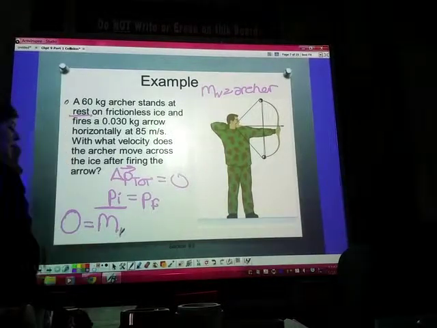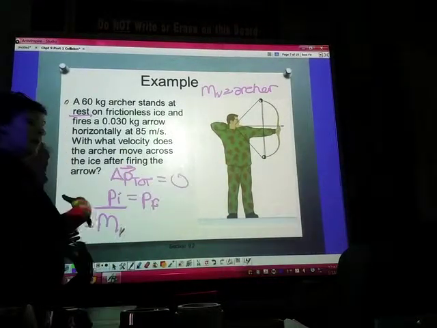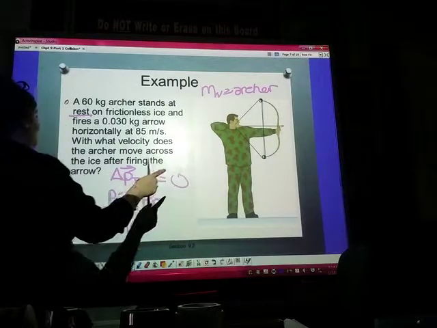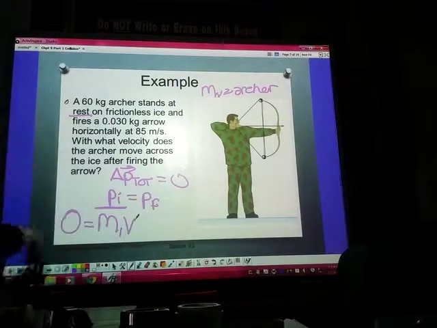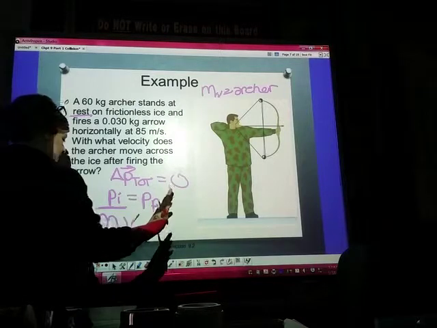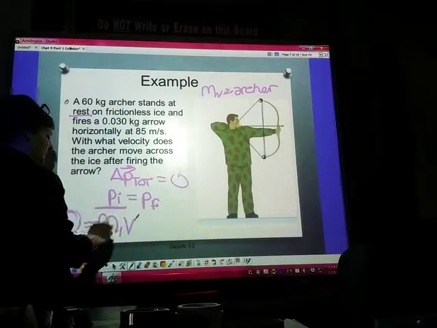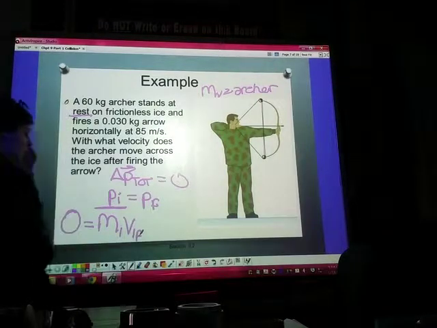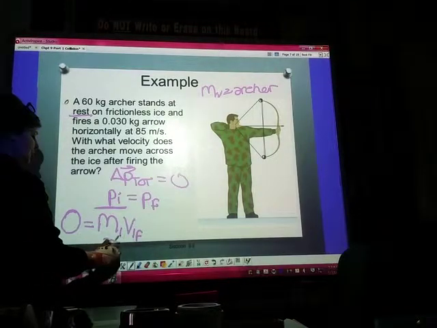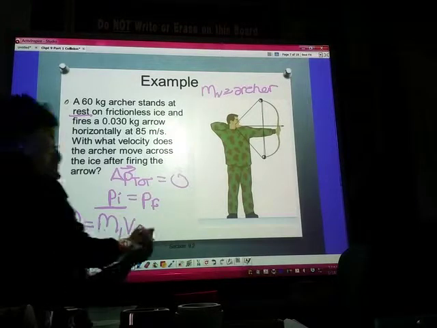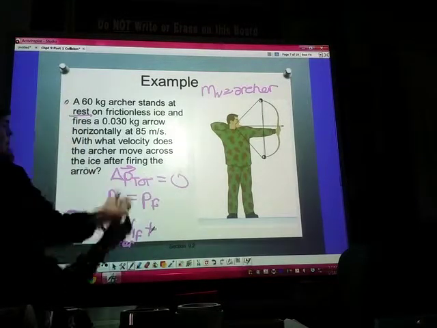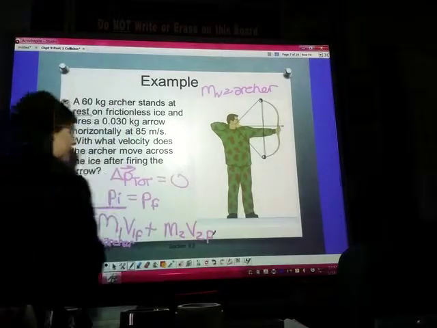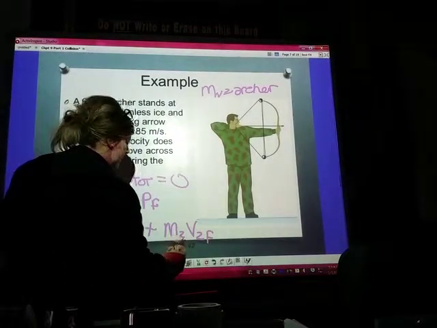So we'll call him M1, and then we know that he will also have a final velocity because it says that he's going to be moving across the ice somehow after that arrow leaves. So M1, V1 final, again, this is of the archer, plus what I have going with the arrow, M2 and V2, and that's going to be of my arrow.